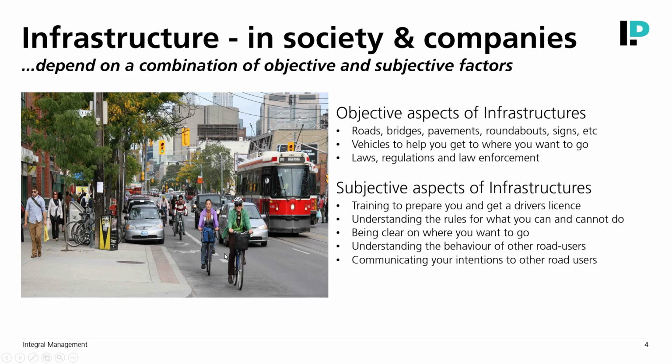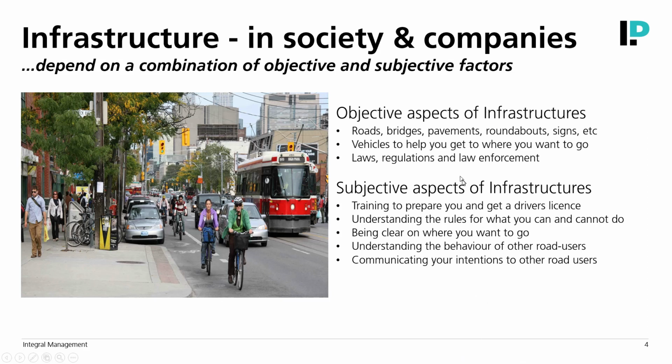Everything from cars to bikes to trams, and actually you can also count shoes. To make an infrastructure function you also need laws and regulations, so that people know how to handle themselves and how to move and how to interact with others.